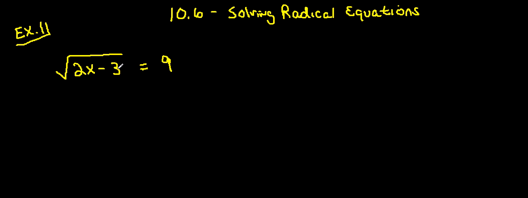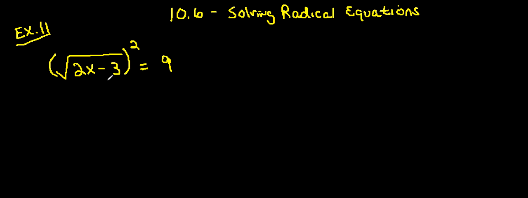Since I have this one up here, I won't erase it, and I'll just use it. Whenever I have a radical sign in a radical equation, I want to get it by itself, which it already is. Once I do, I just want to square both sides, because once we square a radical, the answer is what the interior is.